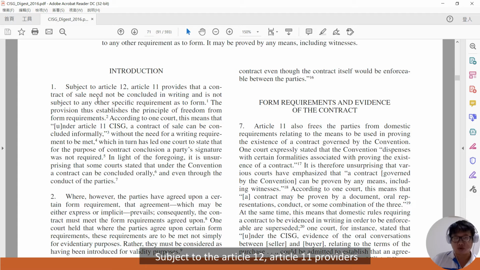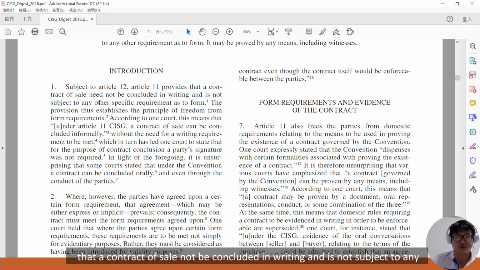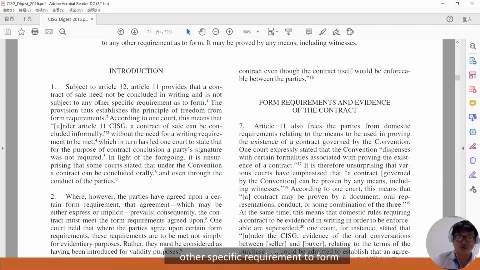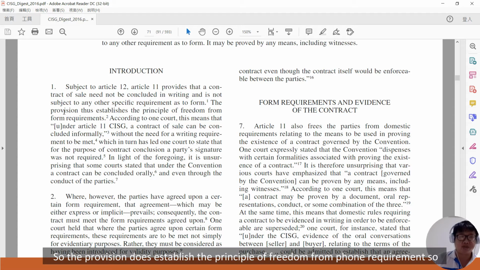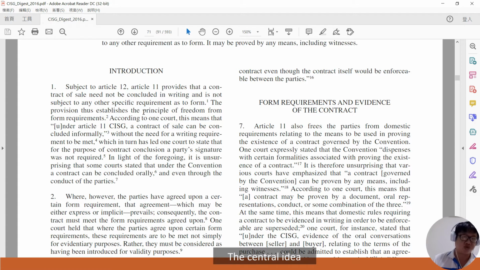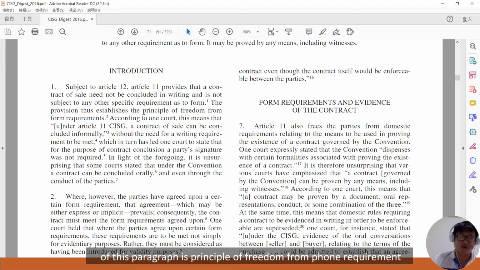Subject to Article 12, Article 11 provides that a contract of sale need not be concluded in writing and is not subject to any other specific requirement as to form. So the provision does establish a principle of freedom from form requirement. So the central idea of this paragraph is the principle of freedom from form requirement.